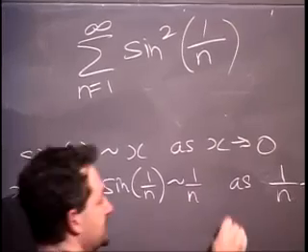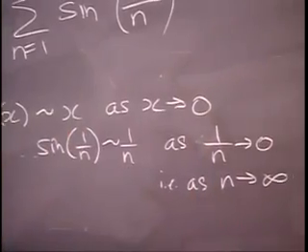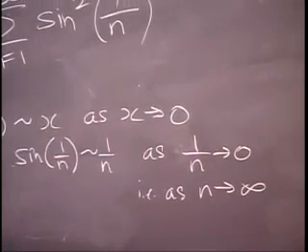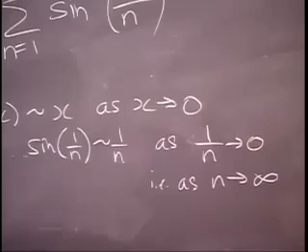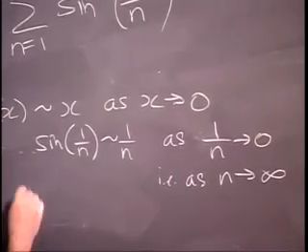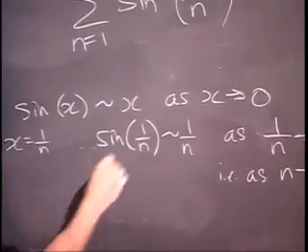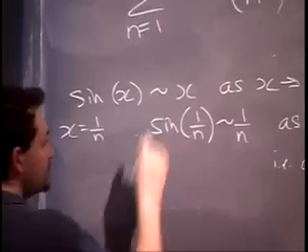i.e., as n goes to infinity, or even minus infinity. So, sine 1 over n behaves like 1 over n. Let's square both sides. That's allowed. You can multiply, divide. You can't add or subtract, but you can take powers.